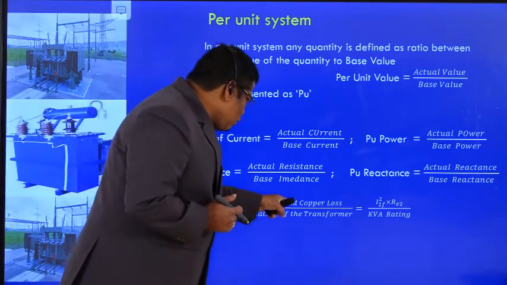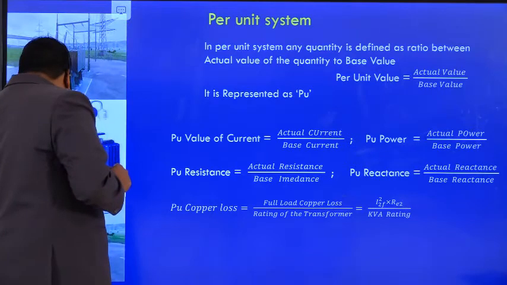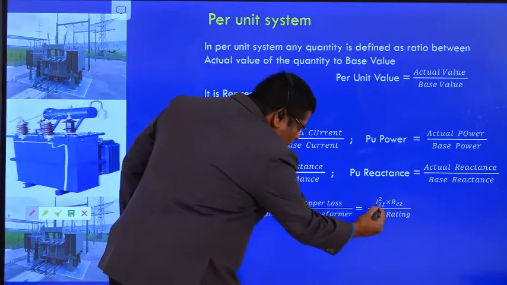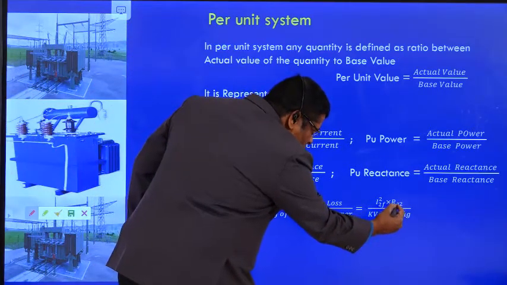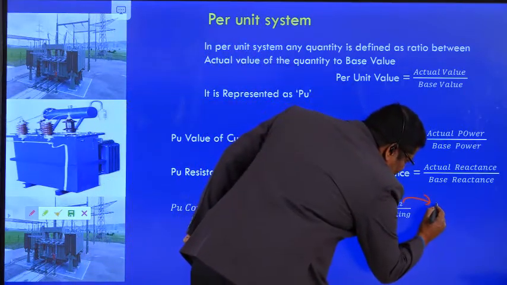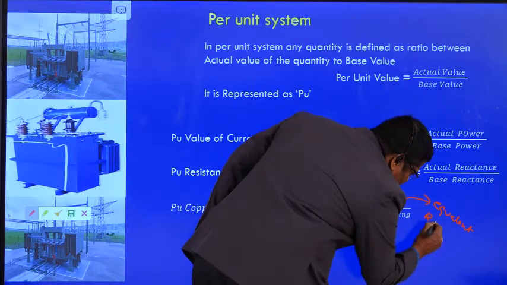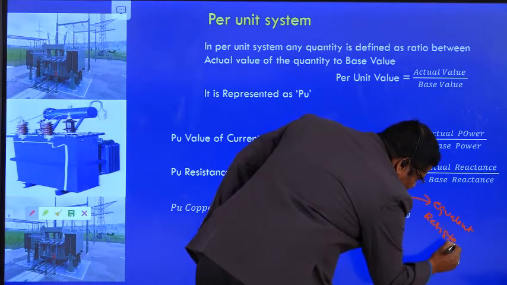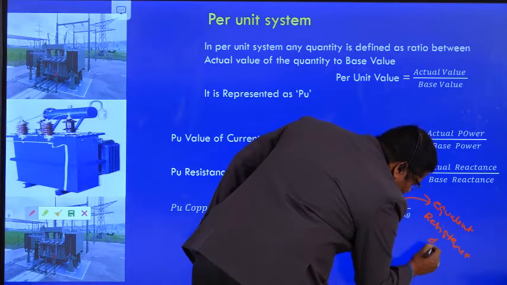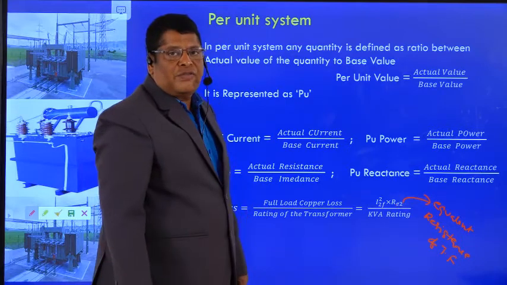So how do we represent the full load copper loss? I2F square into Re2. What is Re2 here? The equivalent resistance of a transformer with reference to the secondary.